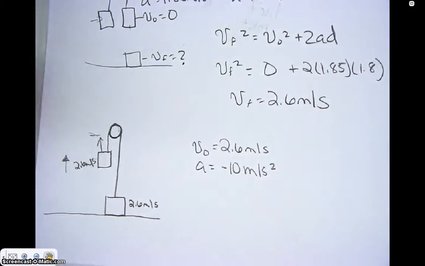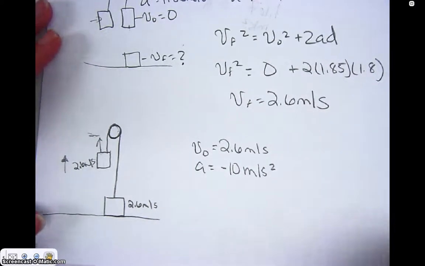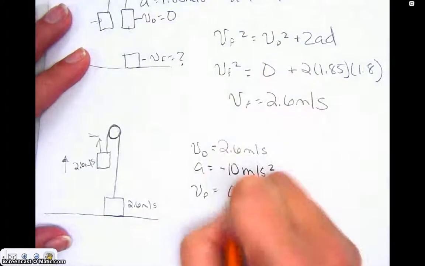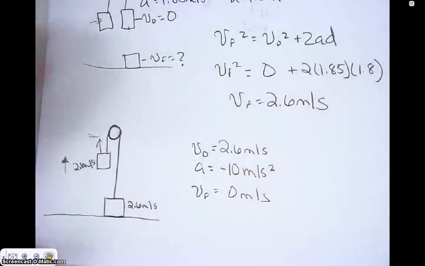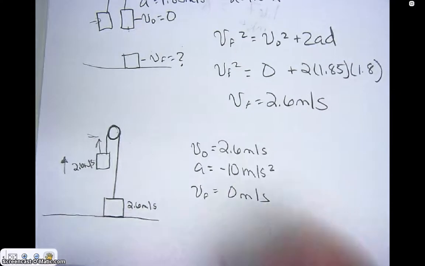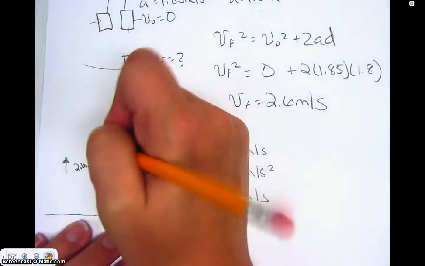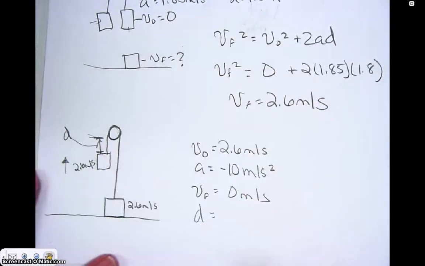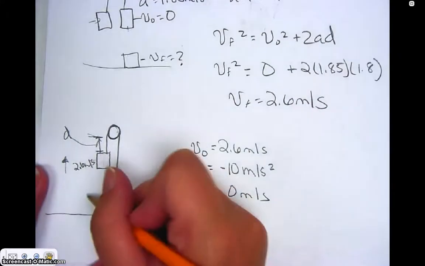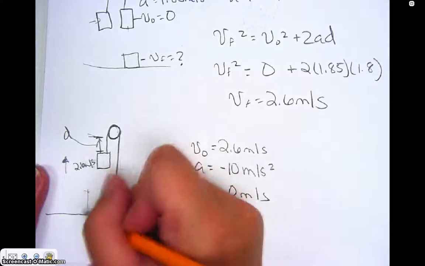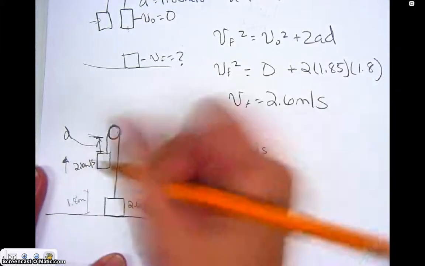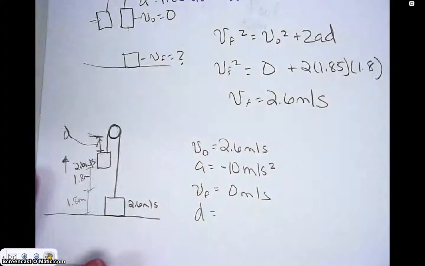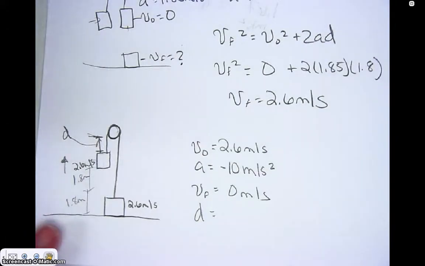At its highest peak the final velocity is 0. We want to know d, how high it jumps. We also have the 1.8 meters original height and the 1.8 meters it went up. I'll redraw that in a second.